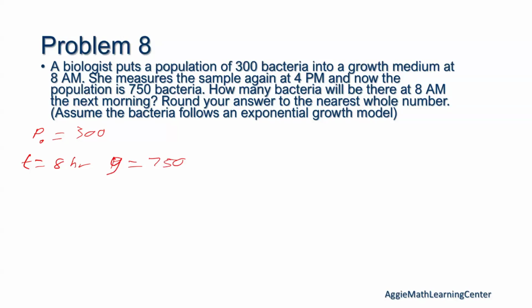Now what you want to find is how many bacteria will be there at 8 a.m. the next morning. So we want to find y when t equals 24 hours.